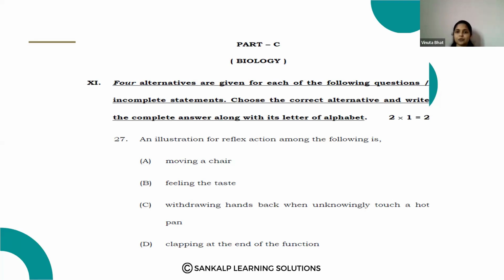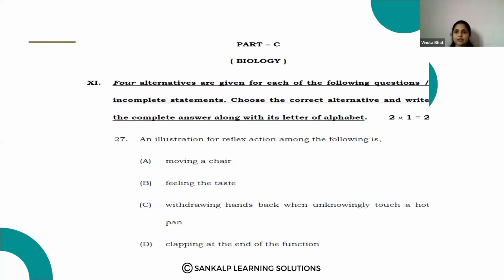4 alternatives are given for each of the following questions or incomplete statements. Choose the correct alternative and write the complete answer along with its letter of alphabet. Okay. An illustration for reflex action among the following is: moving a chair, feeling the taste, withdrawing the hands back when unknowingly touching a hot pan, clapping at the end of the function.